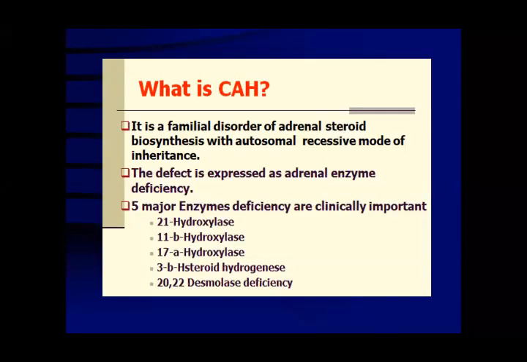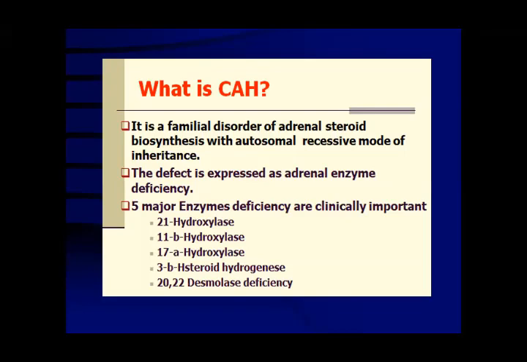Congenital adrenal hyperplasia, I will show you the detailed table after a few slides. Congenital adrenal hyperplasia is a familial disorder of adrenal steroid biosynthesis with an autosomal recessive mode of inheritance. The defect is expressed as adrenal enzyme deficiency, because I told you there are a number of enzymes involved in the biosynthesis of these hormones.